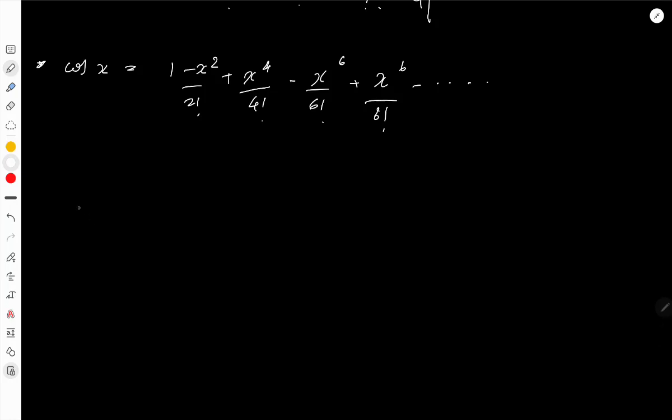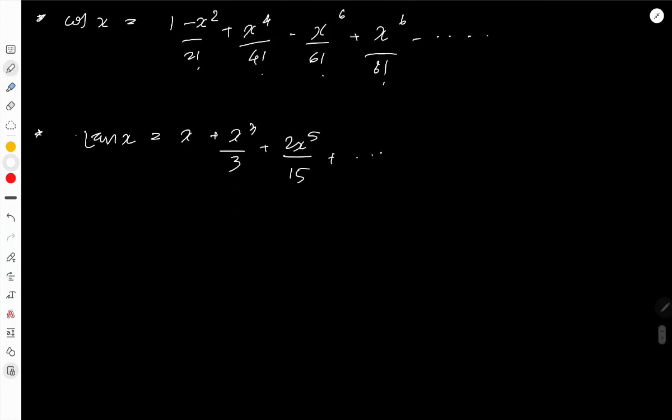Then tan x is equal to x plus x cube by 3 plus 2x to the power 5 by 15, and so on. It goes on increasing, where the condition is mod x is less than pi by 2.